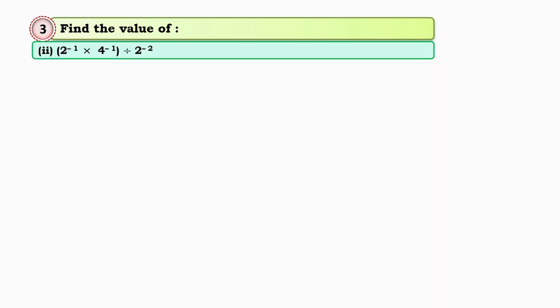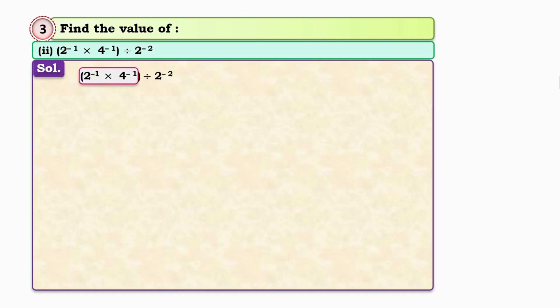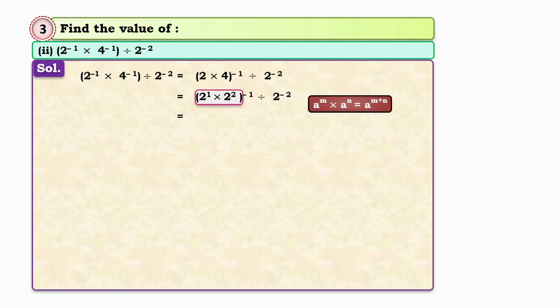Next is 2 to the power minus 1 into 4 to the power minus 1 divided by 2 to the power minus 2. So within the bracket, the powers are the same but the bases are different. So we are going to apply this law. So now we are going to apply this law.